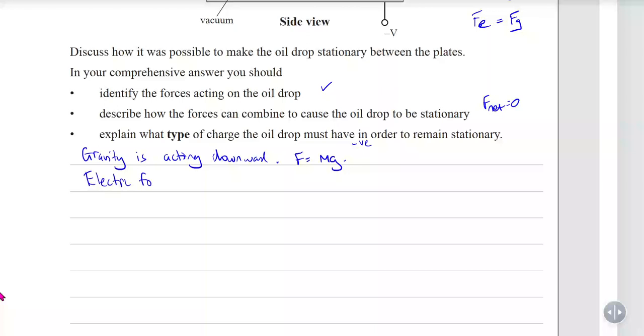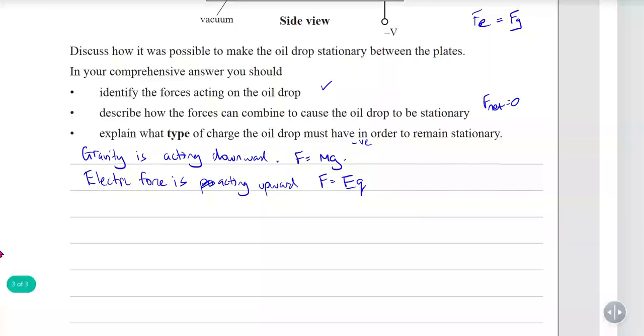Electric force is acting upward, and that is going to be F equals EQ. Let's just check that I've got that formula right.